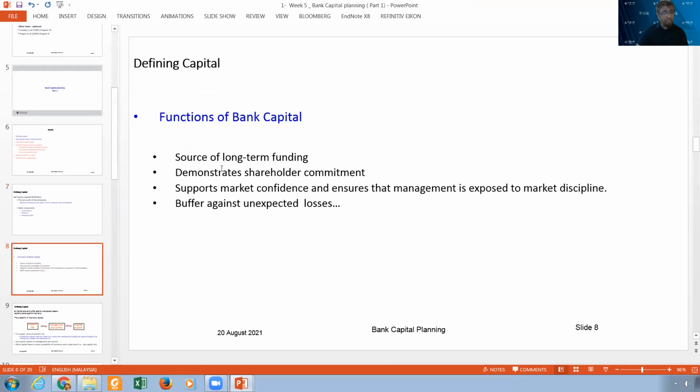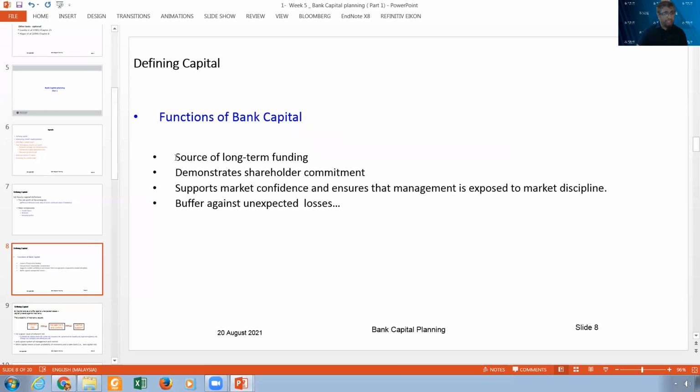Now, what is the function of the bank capital? This function is different because what is the function of capital in a corporate? It is to buy raw materials and to pay for the establishment expenses, the fixed assets, and operating capital, and all of that is for the operations.